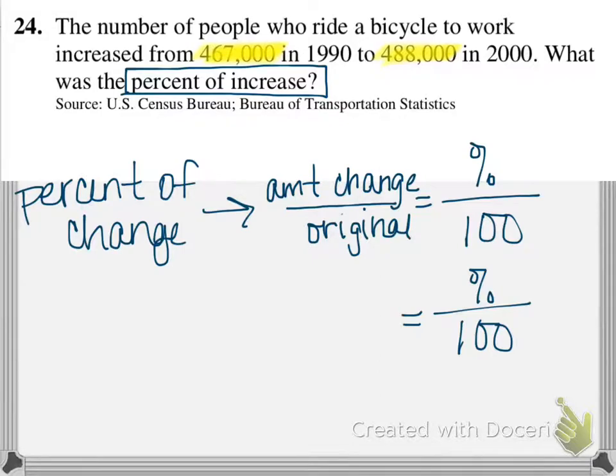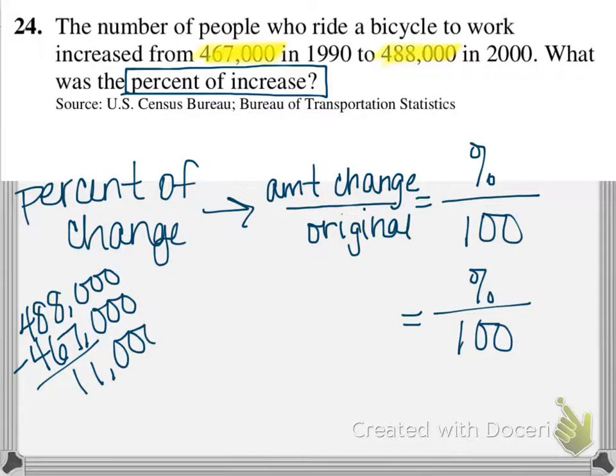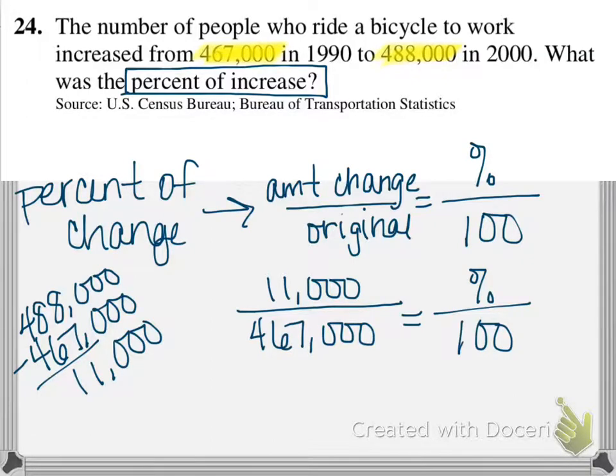So 488, I'm just going to come over here off to the side, minus 467, and since these are both thousands, it looks like we have a change of 11,000. So I have 11,000 is my amount of change over my original amount, which is 467,000. So when I go to do my percent proportion, I've got it filled in.